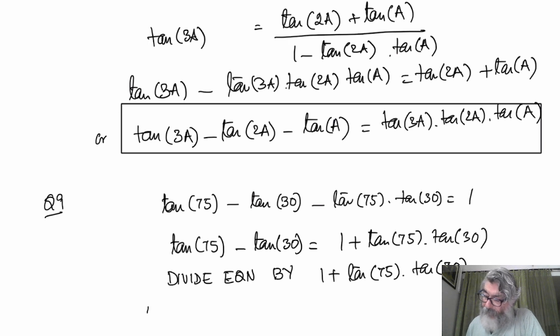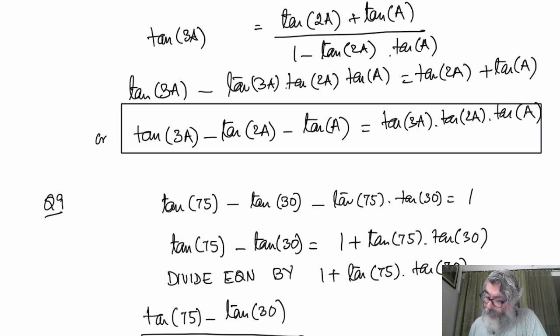What will I get? I'll get tan 75 minus tan 30 upon 1 plus tan 75 tan 30 is equal to 1.